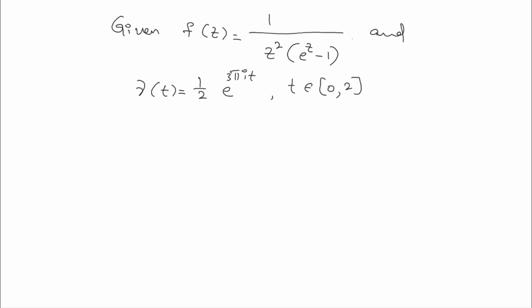What this means is, we can see easily that modulus of gamma of t equals half. That means the curve gamma of t is nothing but the circle with center 0 and radius half.